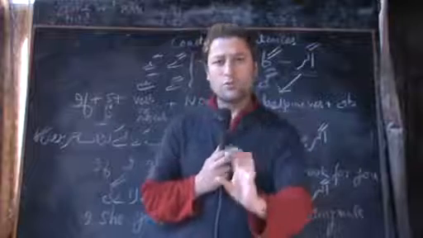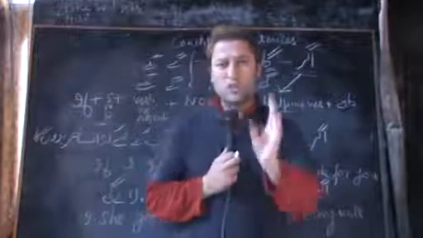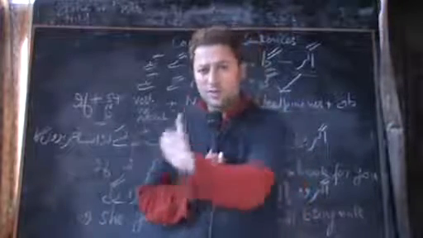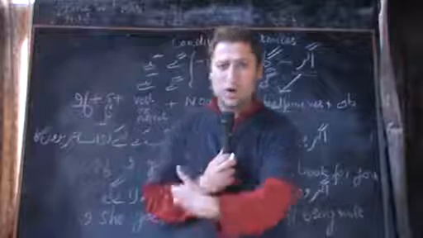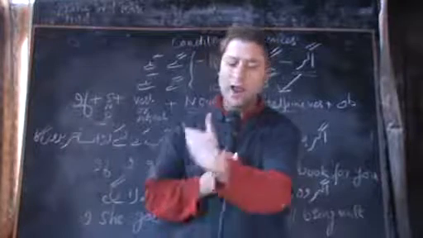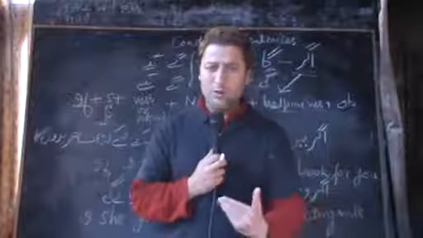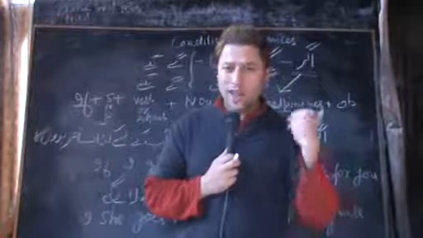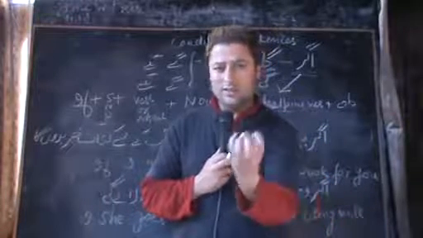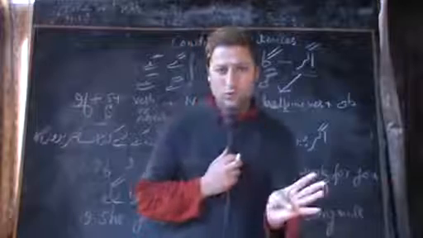Then we have to start with if. Then we showed you the formula, how to translate it into English, and which part will be translated first and which part later. Then according to the formula, we gave the exercise based on certain sentences and then we translated those sentences.